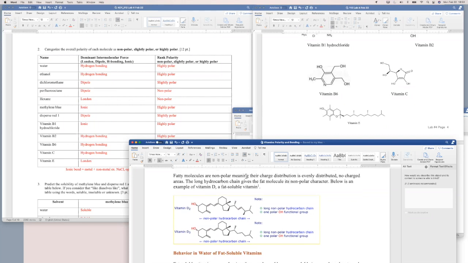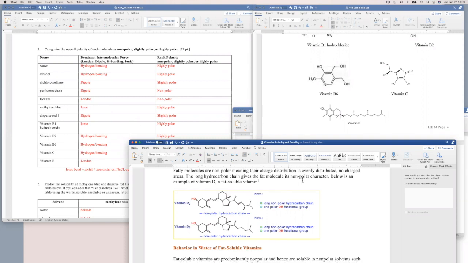Okay, so fatty molecules are going to be non-polar, so their charge is evenly distributed. And like I said, with the hexane up here, those hydrocarbons are going to be governed by the weakest intermolecular force that there is, the London forces.